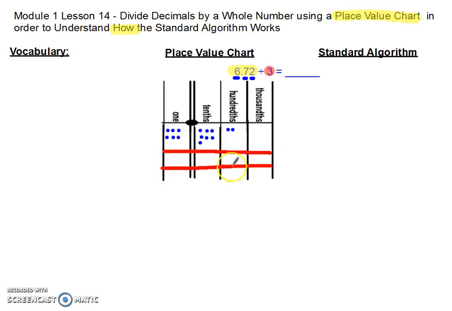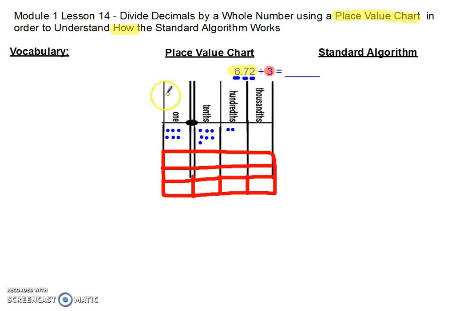So there's one line, 2 groups, and then I will extend it down here to draw 3. So if you're looking at this, I have 3 rows, which is going to be equal to 1, 2, 3 groups. And now I'm ready to start sharing my discs up above.